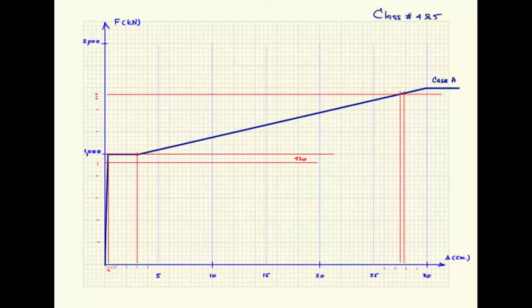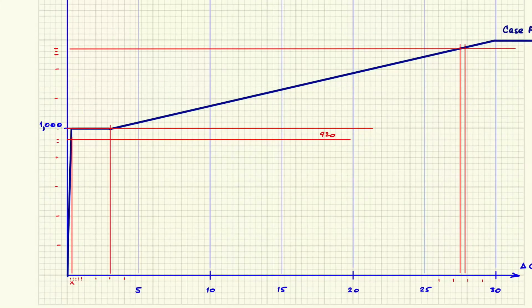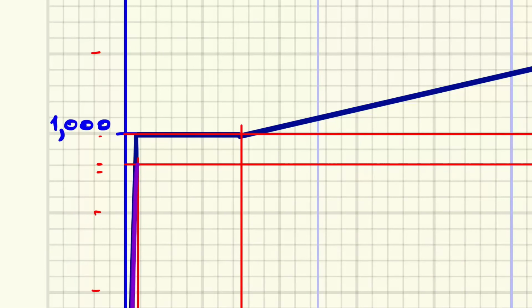And in this area, you have just a bit of this, right? And then you go up a bit to this line.